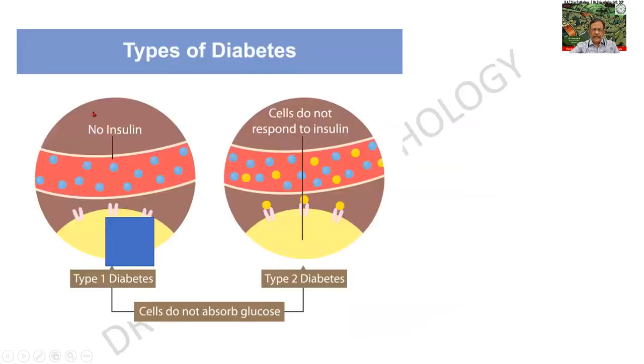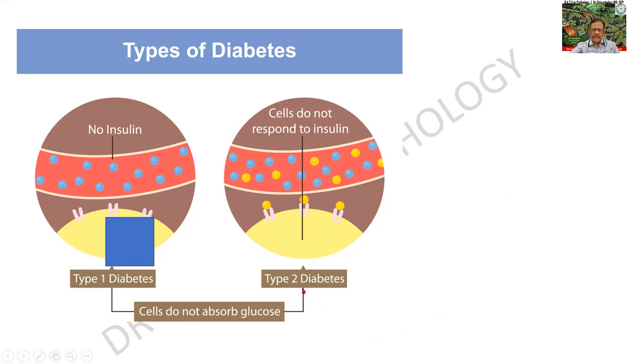Again, a simple conceptual one. I would like you people to understand the difference between type 1 and type 2, which you have already mentioned. Type 1, there is no insulin that is being produced and there is adequate amount of receptors, there is no blockage, but the patient develops a diabetes because there is no insulin.